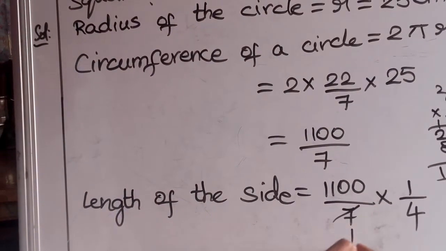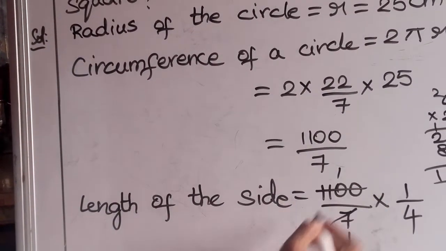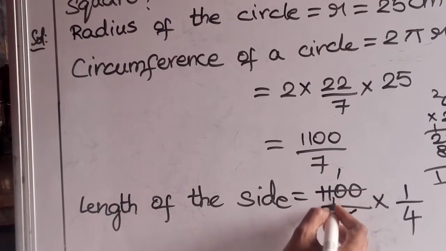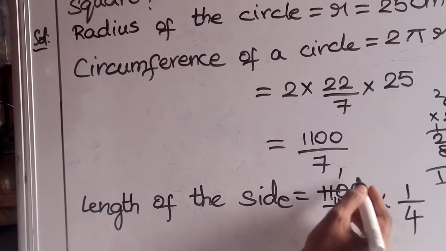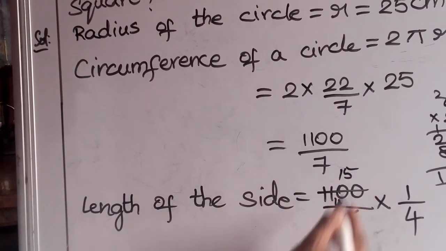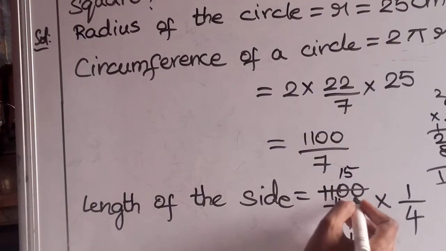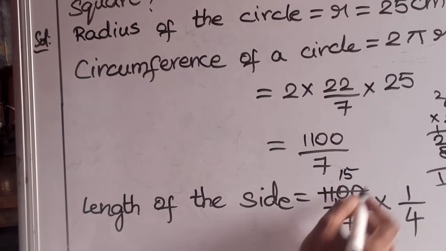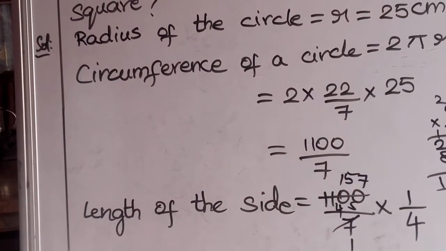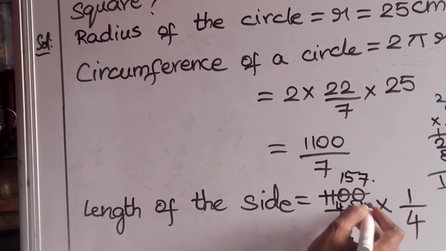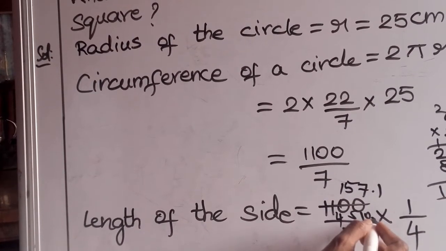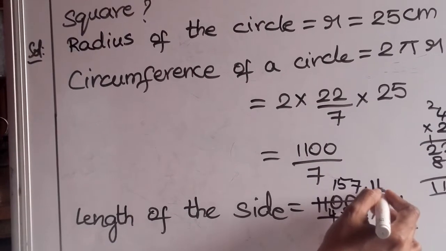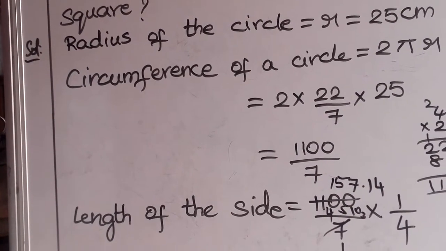So now let's cancel this. 7 ones are 7. 4 is the remainder. 7 5s are 35. 7 6s are 42 is becoming more. So 7 5s are 35. 5 is the remainder. 7 7s are 49. 1 is the remainder. 10 is there. 7 1s are 7. 3 is the remainder. 7 4s are 28.